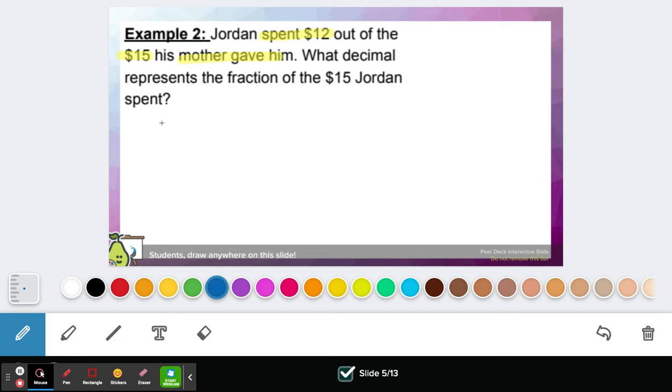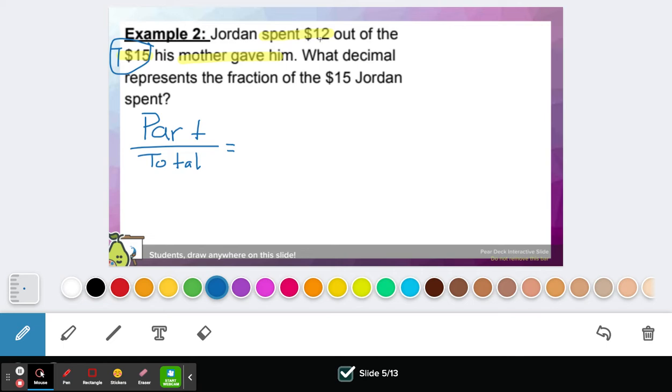So here, if I have my part, P-A-R-T, over my total, or my whole, they both mean the same thing, right? So here, how much did his mother give him? His mother gave him 15, so this right here is my total.